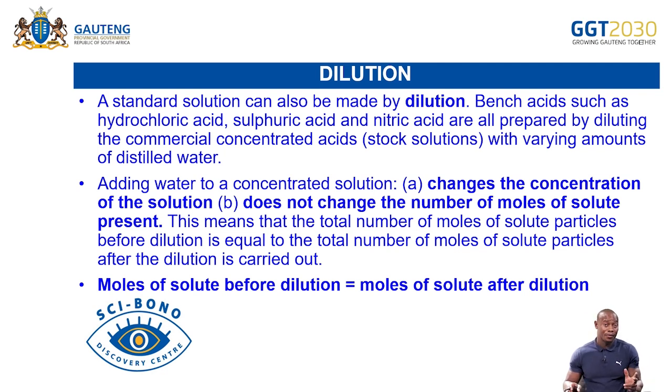We are still going to look at the stoichiometric calculations based on titration and also standard solutions. But for now, let's look at dilution. When you dilute, remember we have concentrated solution and dilute solution.